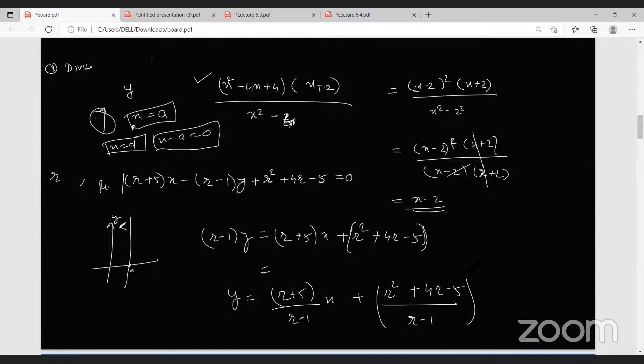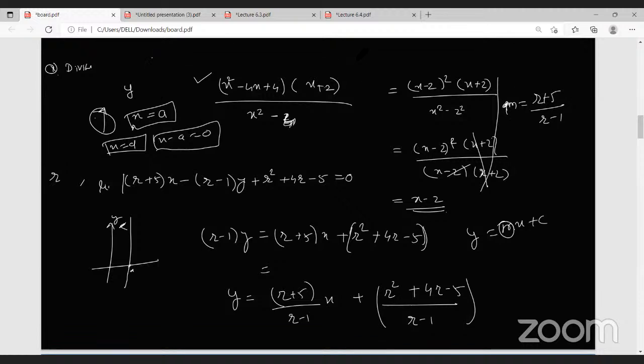Slope is not defined means this term. If you compare this with y equal to mx plus c, what will be the m here? R plus 5 upon R minus 1. So I'm writing it here: m equals (r plus 5) upon (r minus 1). Now, for a line which is parallel to the y-axis, slope is not defined.